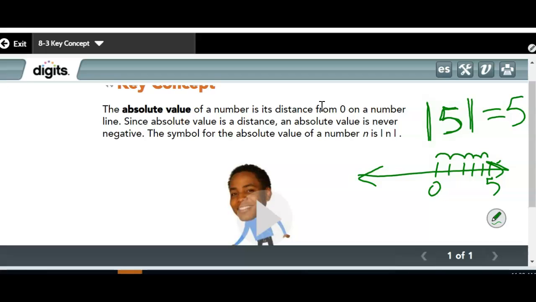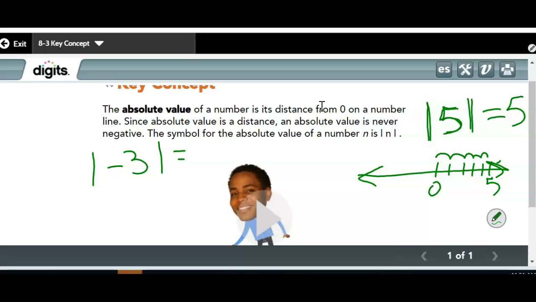Okay. How do you read this one? We were just reading it. How would you read that? Skylar. Perfect. The absolute value of -3. Now, what is the absolute value of -3?